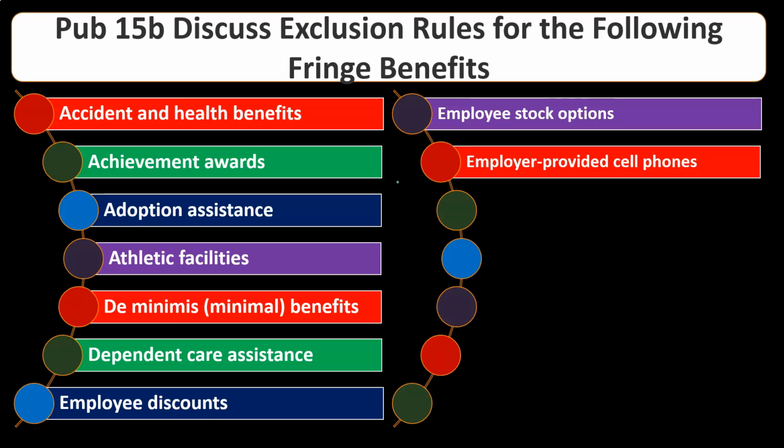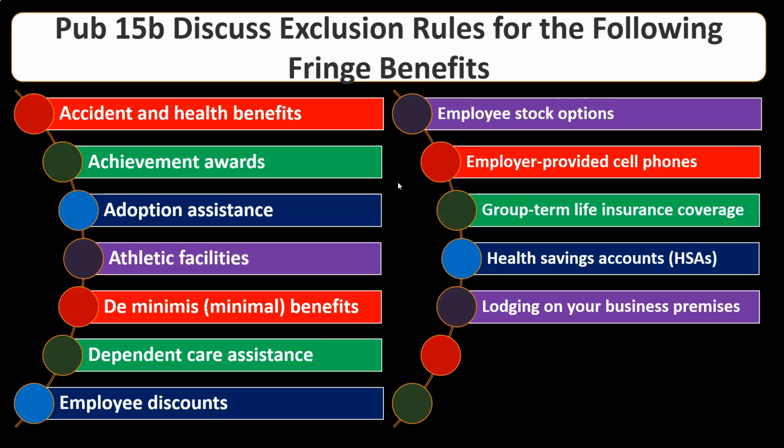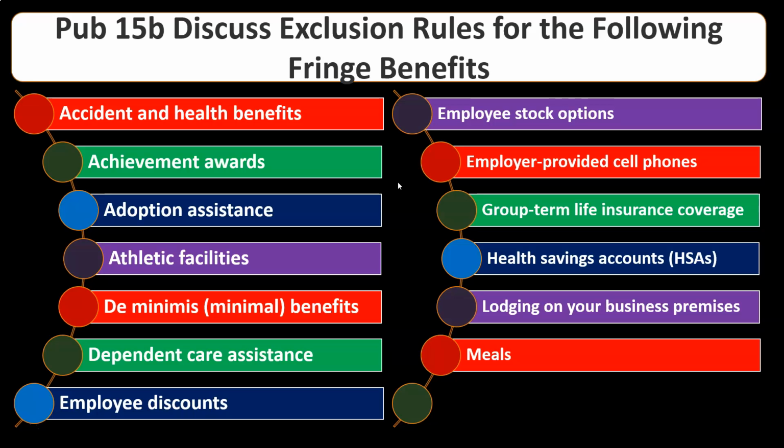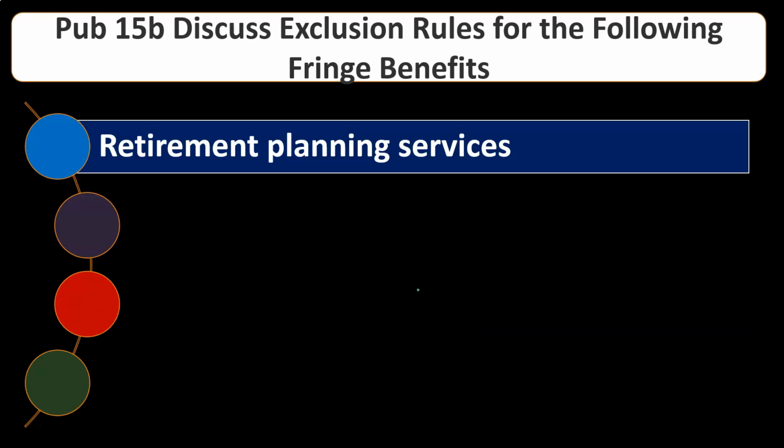So: employee stock options, employer provided cell phones, group term life insurance, health savings accounts, HSAs, lodging on your business premises. You have to make sure you're in compliance with some of these things. Also lodging on the business premises, meals in some cases, no additional cost services, retirement planning services.